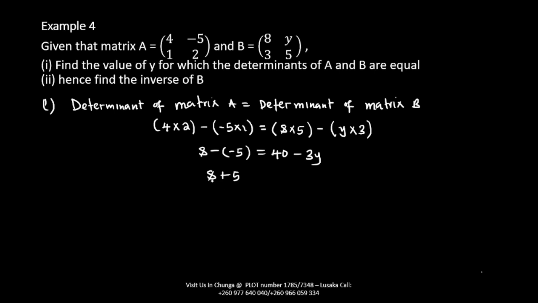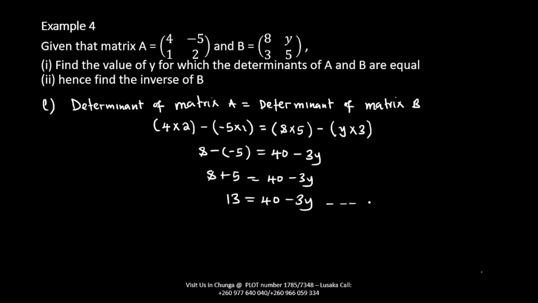So the addition of 8 plus 5, it's basically the determinant of matrix A, is equal to 40 minus 3Y. So 8 plus 5, our answer is 13. So that is the determinant of matrix A, and also that is the determinant of matrix B.